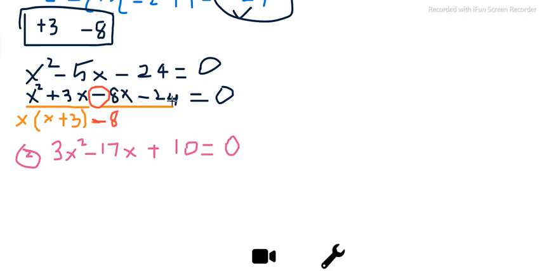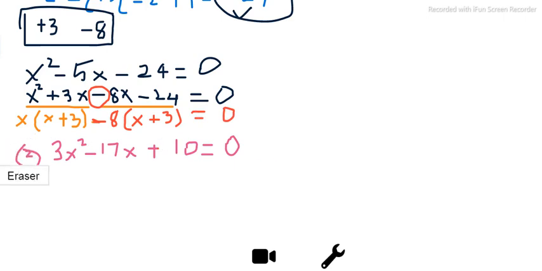So once you are able to do that here, you just repeat this same bracket here. So that will give us x plus 3 again equals to 0.